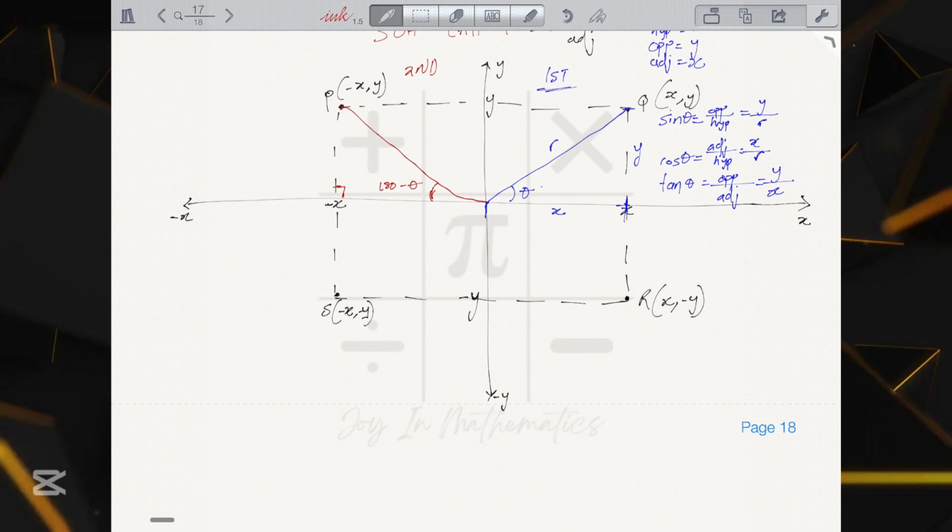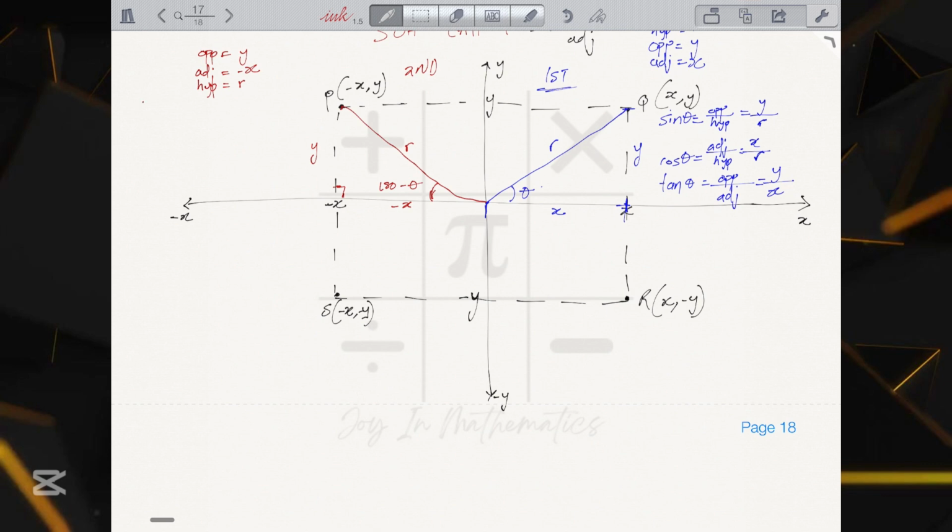The opposite to this is positive y. The adjacent is negative x, and we'll just call our hypotenuse r. So let's rewrite it. Opposite is y, adjacent is negative x, and hypotenuse is equal to r.